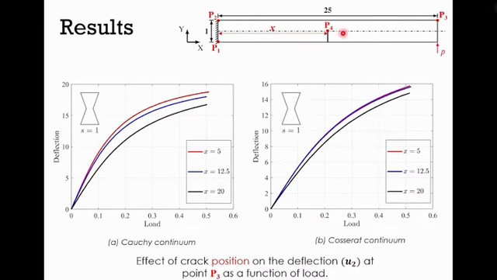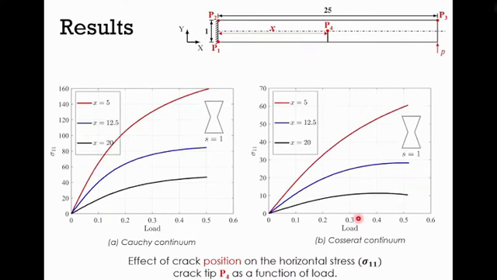The location of the crack is referred to by the parameter x. We can see that as the x decreases, the deflection becomes bigger, and that would be more clear for the effect of the crack position on the horizontal stress at the P4.